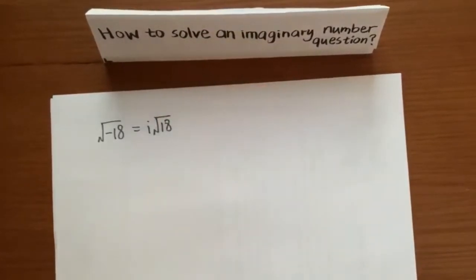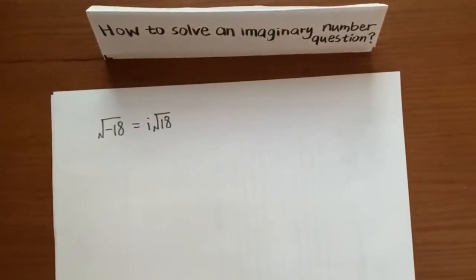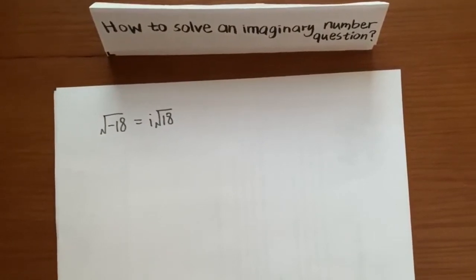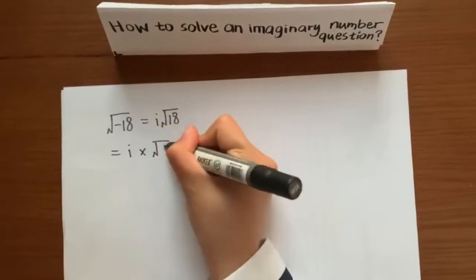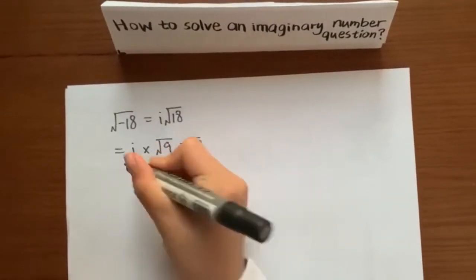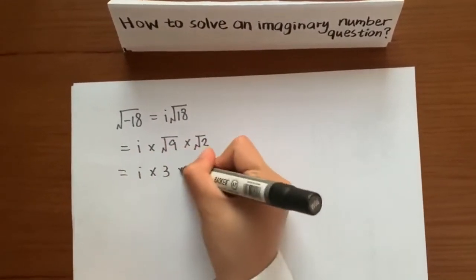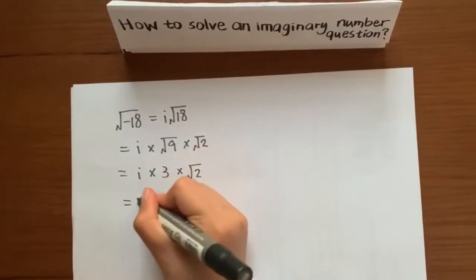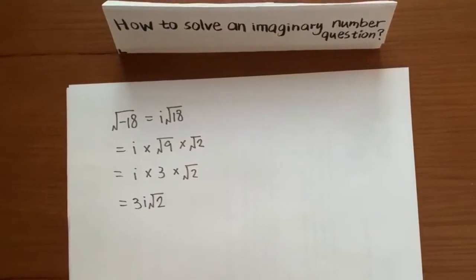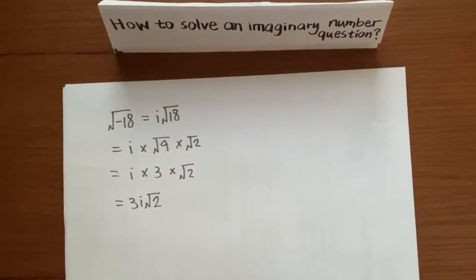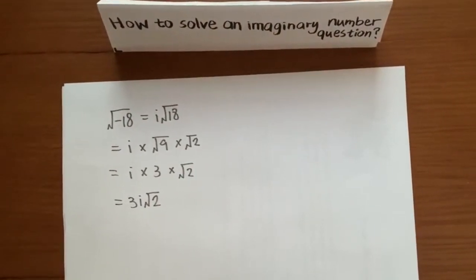So, we can start by rewriting the square root of negative 18 as i times the square root of 18. Next, we can simplify the square root of 18 using what we already know about simplifying radicals. After simplification, the solution for the square root of negative 18 is equal to 3i times the square root of 2.